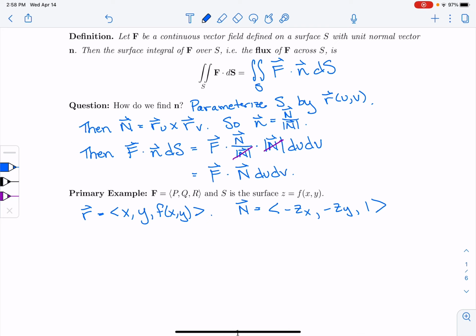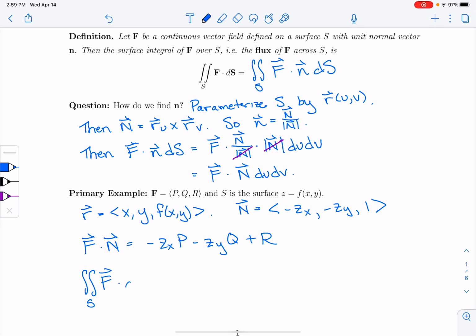Well, then f dot n in this case is going to be minus z sub x times p minus z sub y times q, and then plus r. So when we want to do a double integral over S of f dot ds, in fact, we can do a double integral over the domain of x and y.